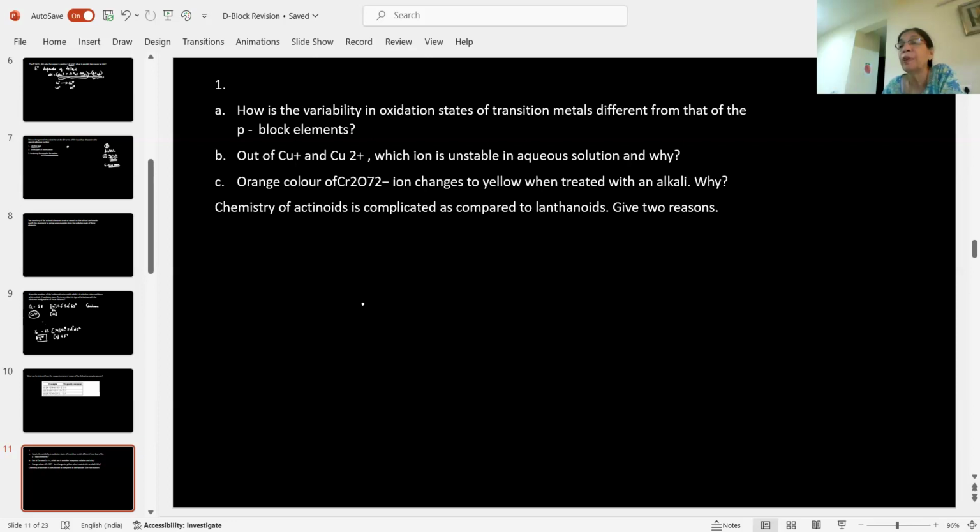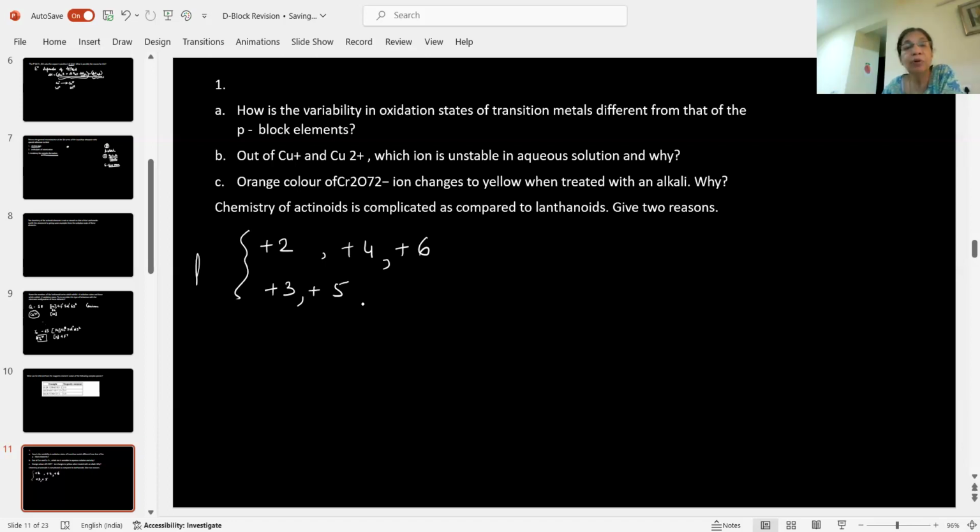For example, sulfur can show +2 oxidation state, +4 oxidation state, and also +6 oxidation state. Phosphorus can show +3 oxidation state and also +5 oxidation state.